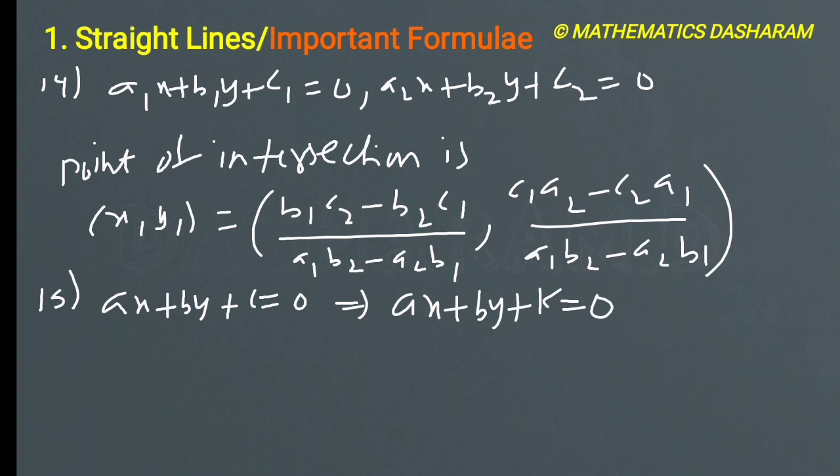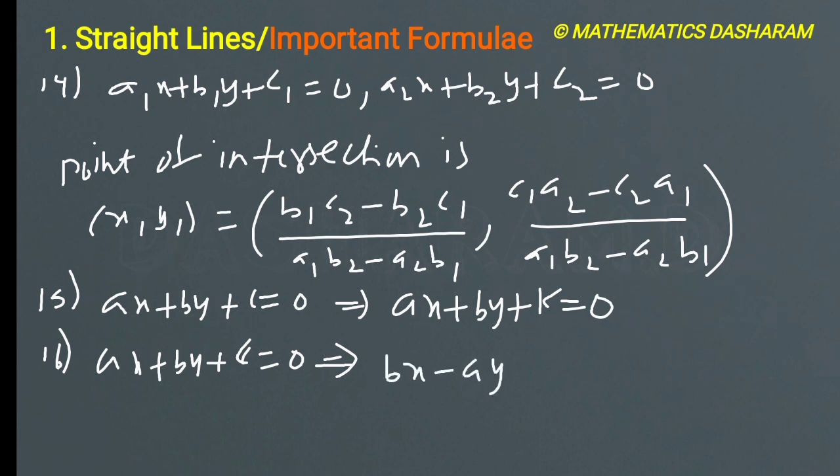And for the same equation ax plus by plus c equals 0, one line is given. For the equation of a line which is perpendicular to this line, the formula is bx minus ay plus k equals 0.